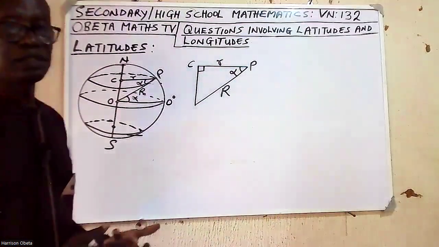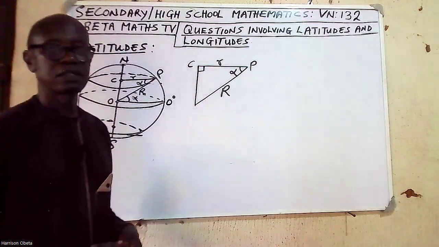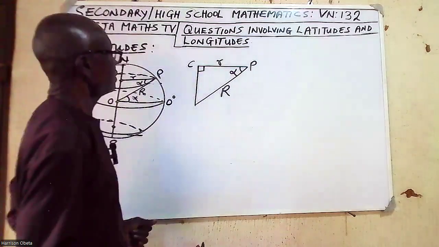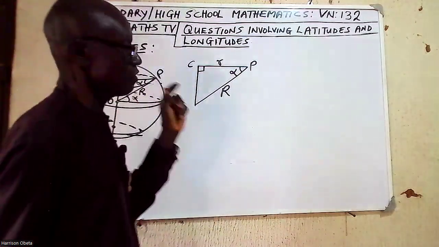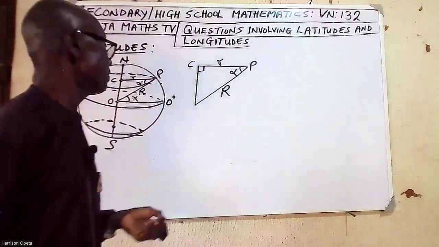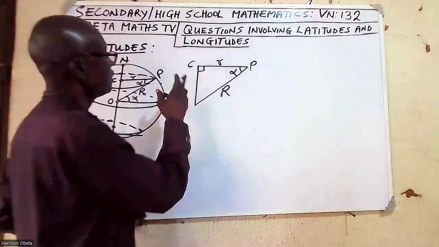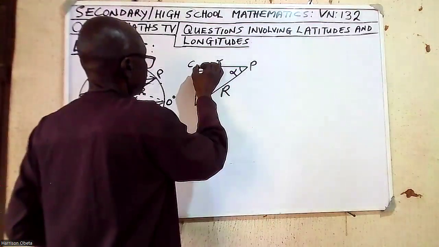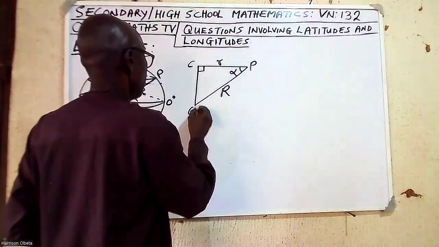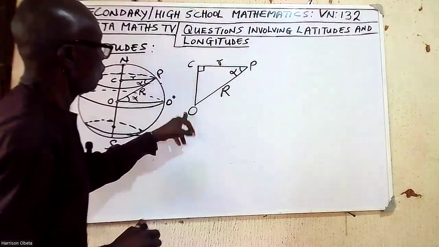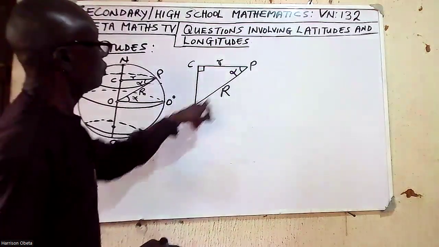We can use sine, cosine, or tan. So, how do we go about that? By using either opposite over adjacent, opposite over hypotenuse, and the rest of them. So, this one, remember, this is our O. CO is opposite to this angle.